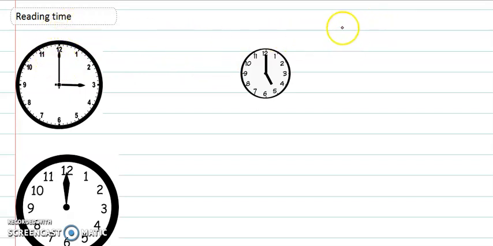There are four vocabulary words you have to keep in mind while reading the time. The first vocabulary word is o'clock. The second vocabulary word that you need to learn is quarter past. The third is half past.